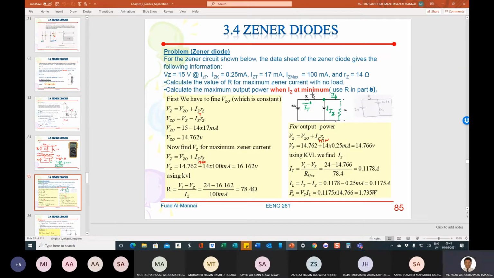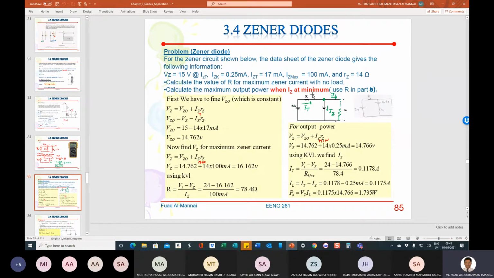Therefore, we have to calculate VZ when IZ is at min. What is the minimum? The minimum is called IZK in this case, and it is equal to 0.25 milliamp. Calculate VZ. Substitute for VZO. VZO doesn't change, same thing, 14.762 volt.